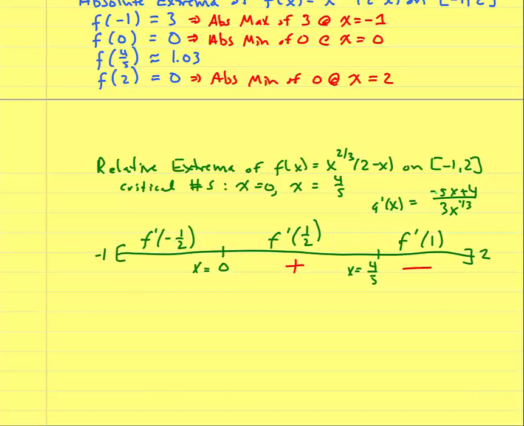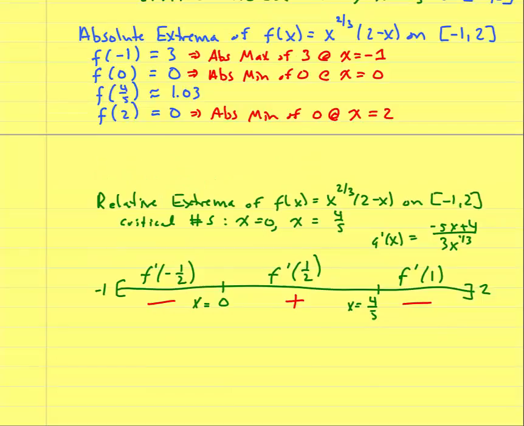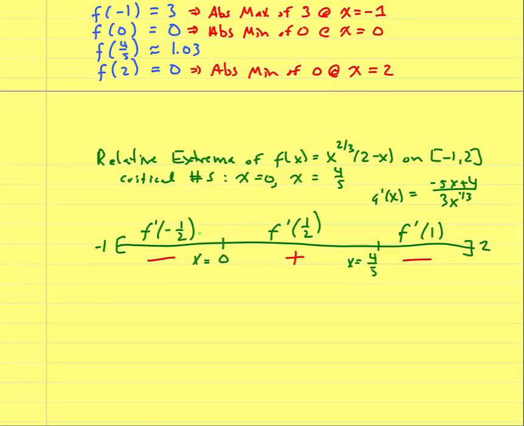Let's go ahead and plug in a -1/2. If I have a -1/2, I have a positive numerator and a negative denominator, so I have a negative here. However, x equals 0 and x equals 4/5 are my critical numbers, and I can see I have something occurring here. I have a negative sloping tangent line, a positive sloping tangent line, and a negative sloping tangent line.